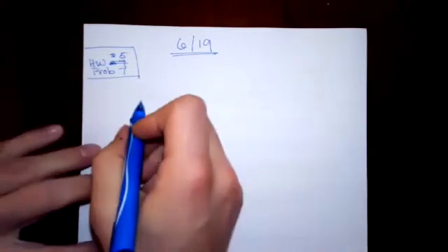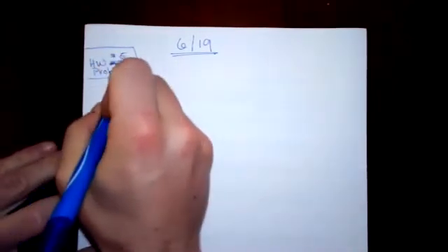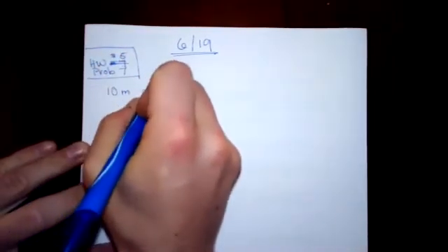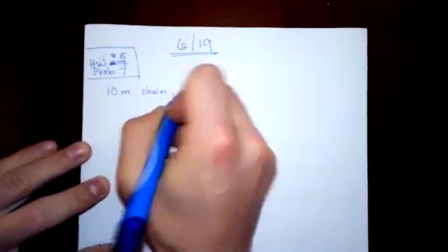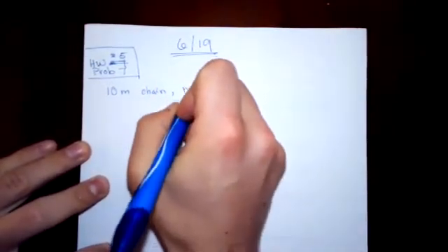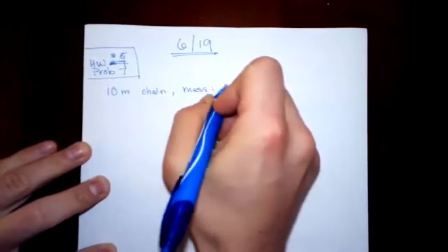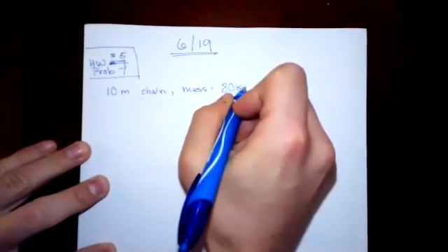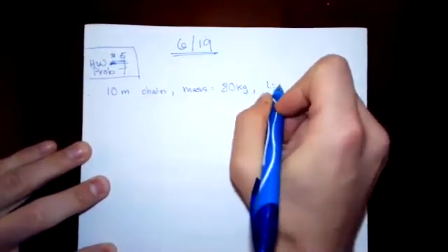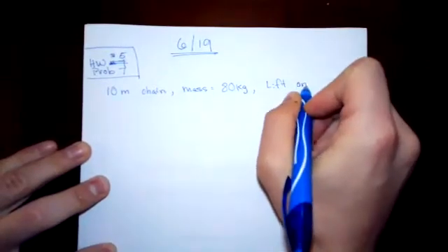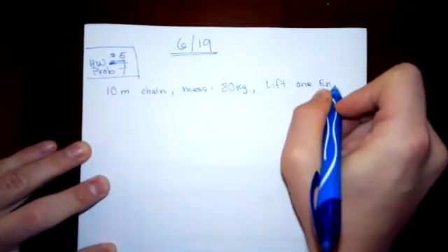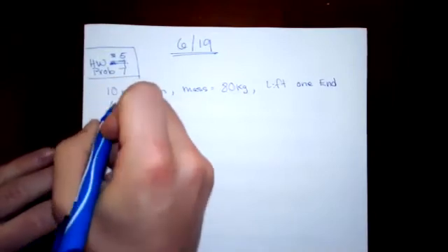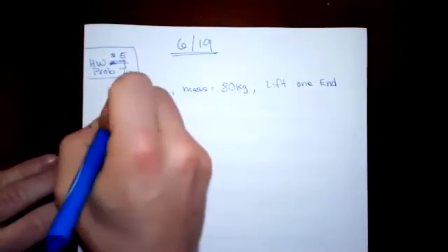So it simply says we have a 10-meter chain that has a mass of 80 kilograms. And we want to lift one end 6 meters off the ground.